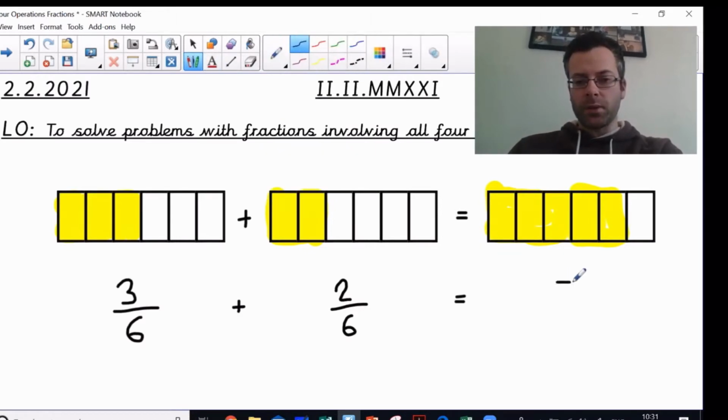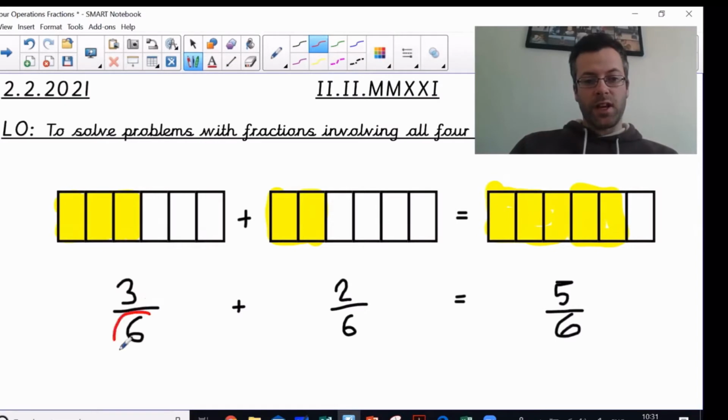Now this only works because both of these shapes are already split into sixths, okay? So the denominator is the same. If our denominator is the same, when we're adding or taking away, then we can just add or take away the numerators. The denominator stays the same, okay?